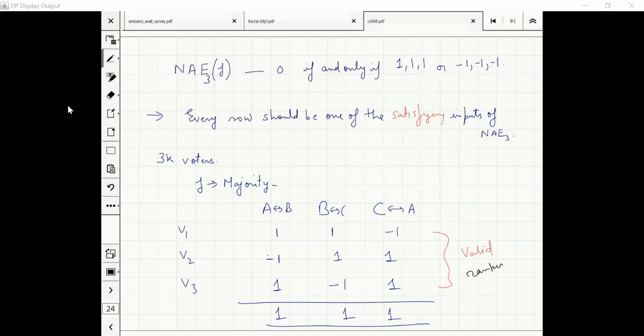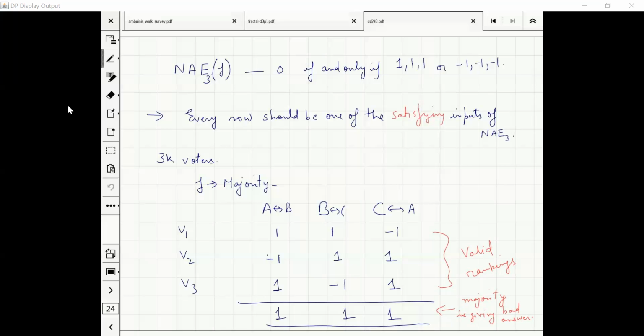But still, majority is not giving a good answer. I talked about it last time also. This time I'm going to show you that majority might not be the answer everywhere. This is one example where majority does not seem to be a very good measure.